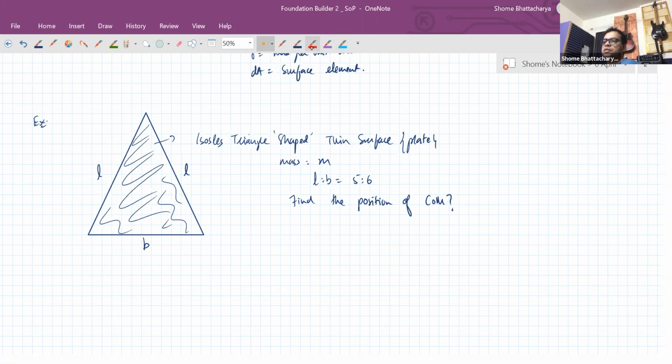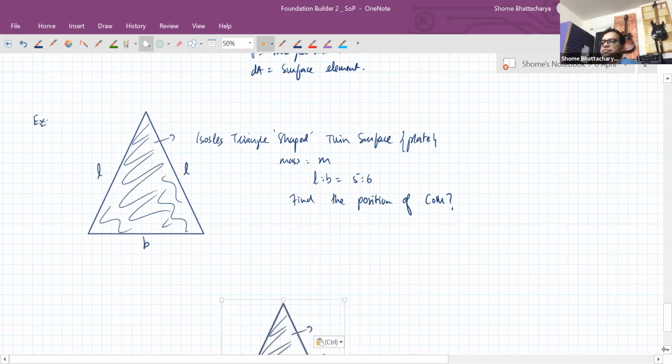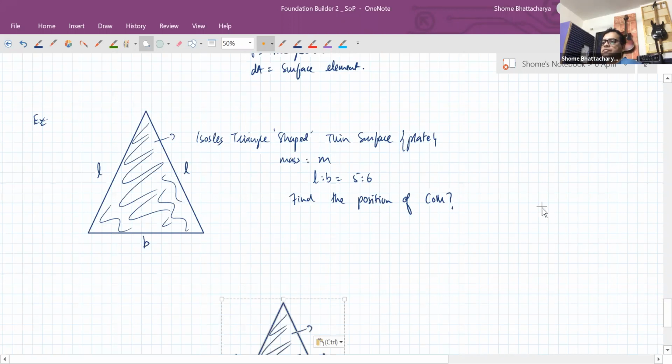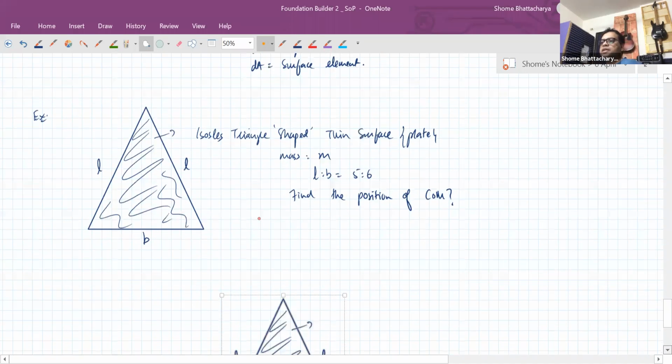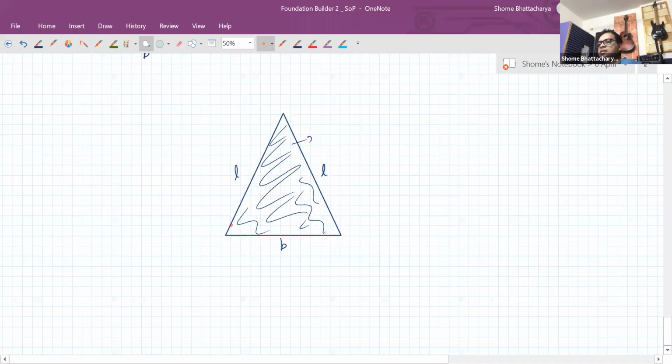So once again, we can see that because it's an isosceles triangle, if we draw the bisector through the vertical angle, that will be a symmetry axis. And that will also perpendicularly bisect. So this angle, let's say theta, is equal to this angle theta.